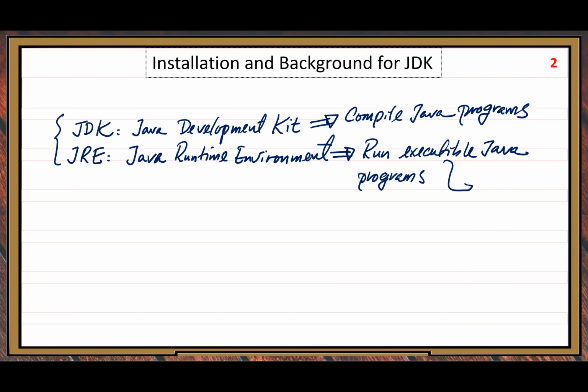So what do we mean by executable? How do we make Java programs executable? Very simple. Usually people do it this way. First, you need to compile the Java program, but compiling alone is not enough to make an executable file, which you can run when you double click it.